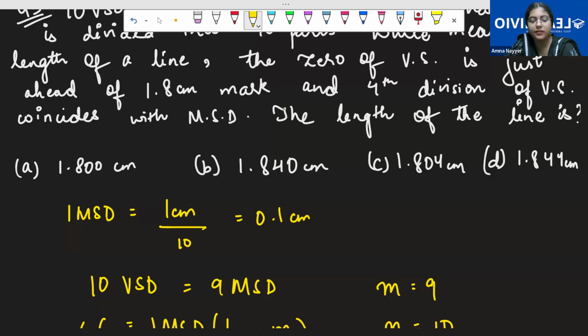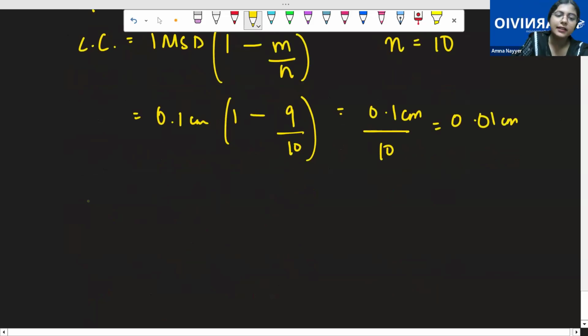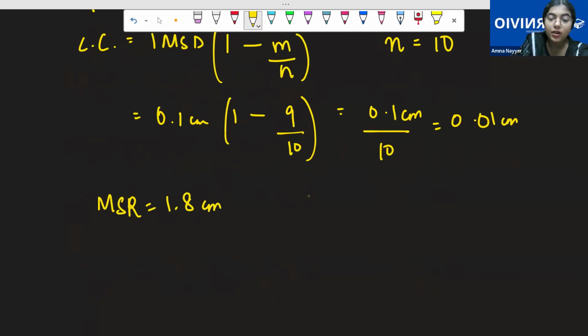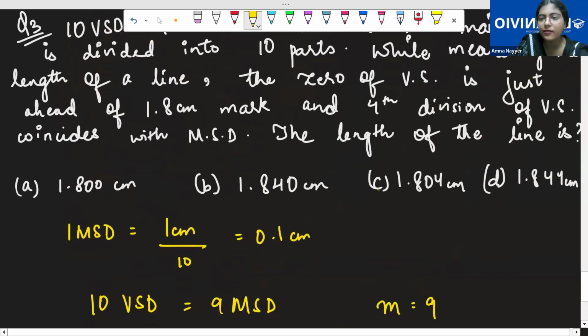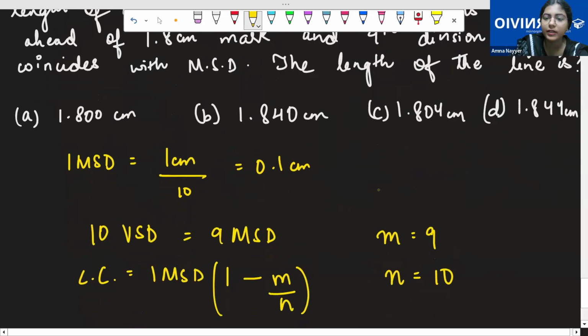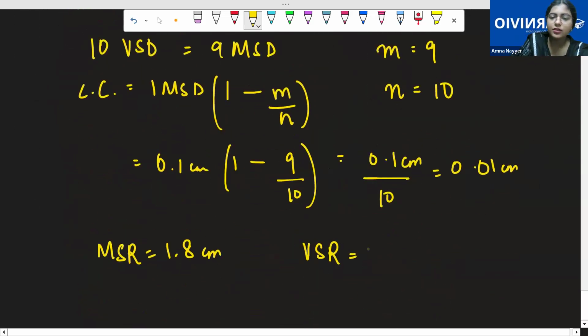So what is 1.8 given? The main scale. Okay, 0 is marking main scale division, correct. So main scale reading is 1.8 centimeter. The vernier scale division which is coinciding, I think it's given as fourth. It says the fourth division of vernier scale coincides. So this is given as 4.